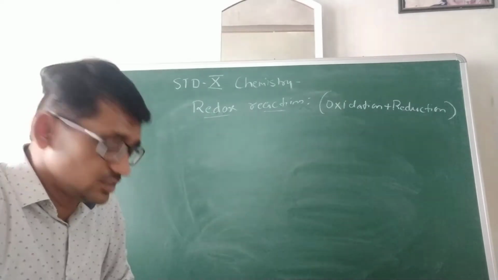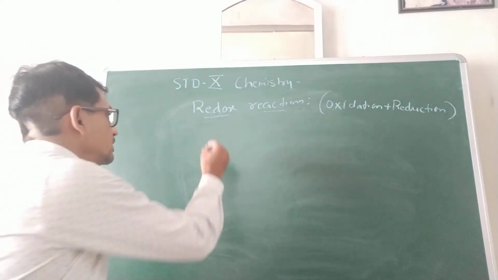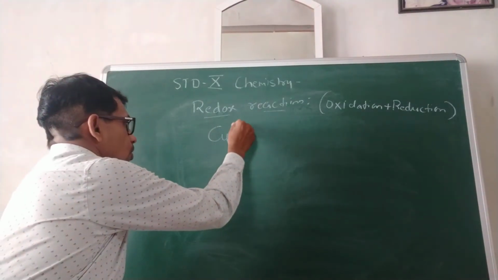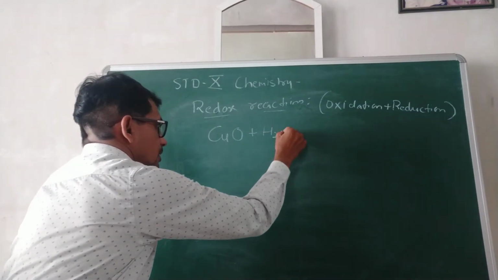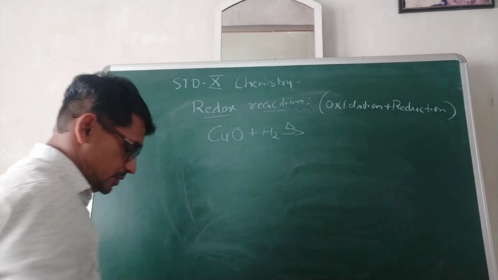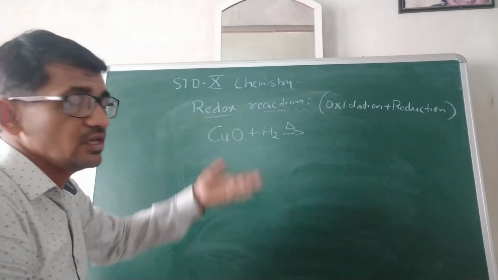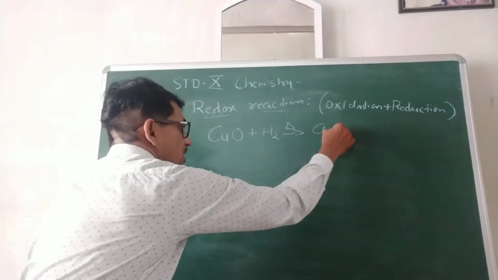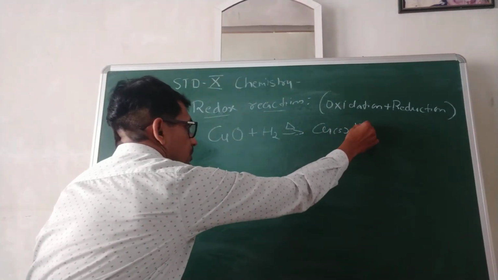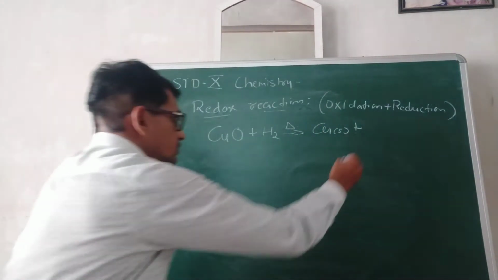First we take the example of copper oxide. Copper oxide, when treated with hydrogen and heated, the copper, which is in +2 valence state, will be reduced to metallic copper, plus water is formed.